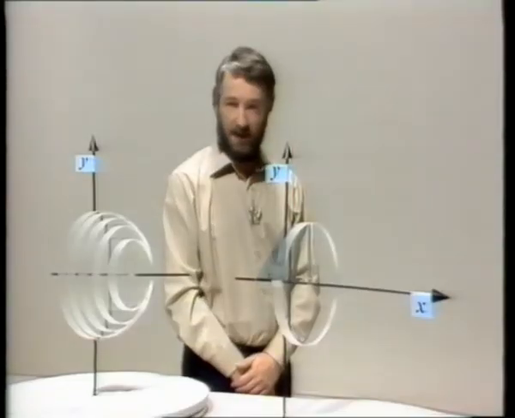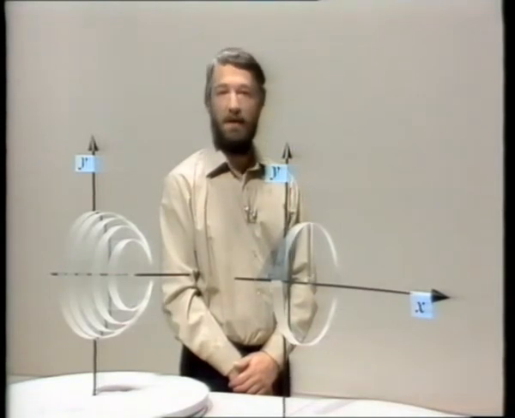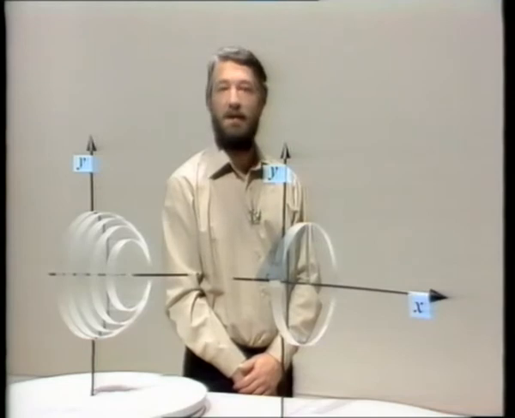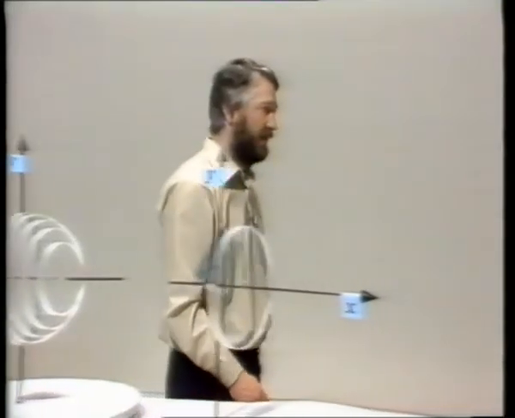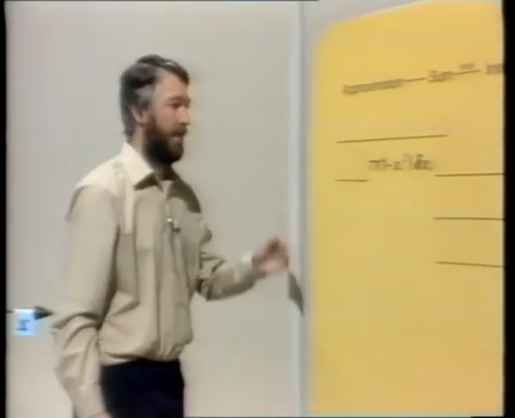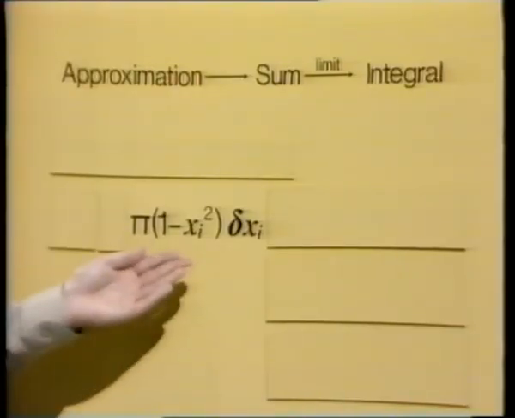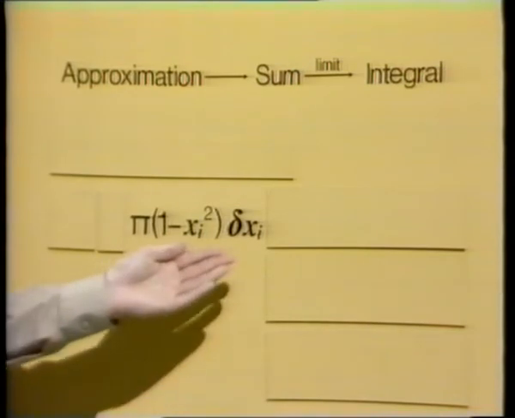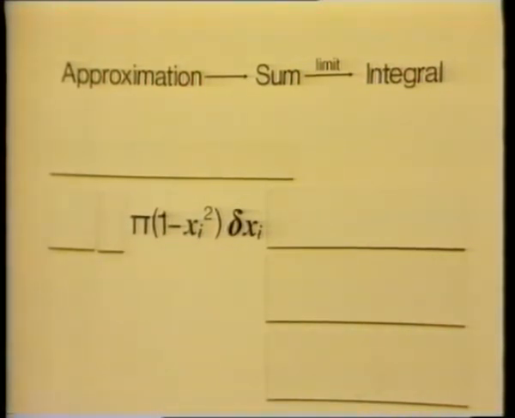Now the thickness of the disc is delta xi, so its volume is pi times radius squared times thickness, and I've written this down over here. It's pi times radius squared, that's 1 minus xi squared, times thickness, delta xi.